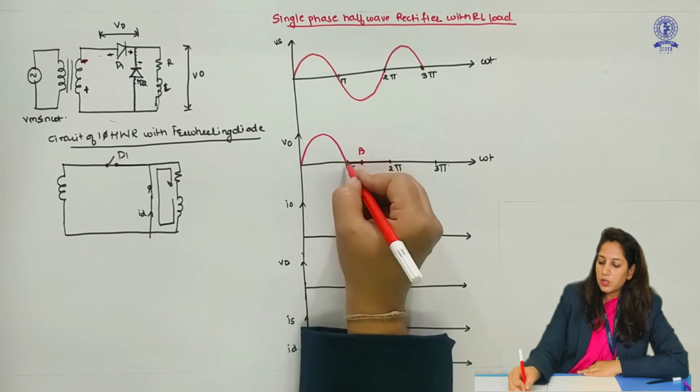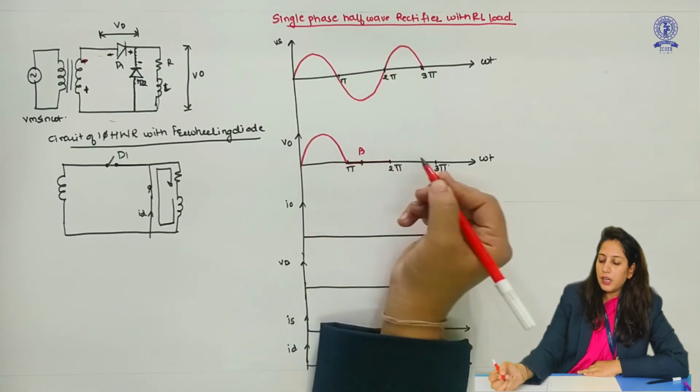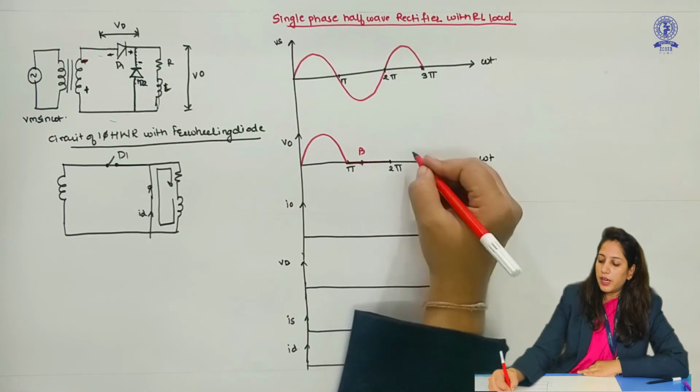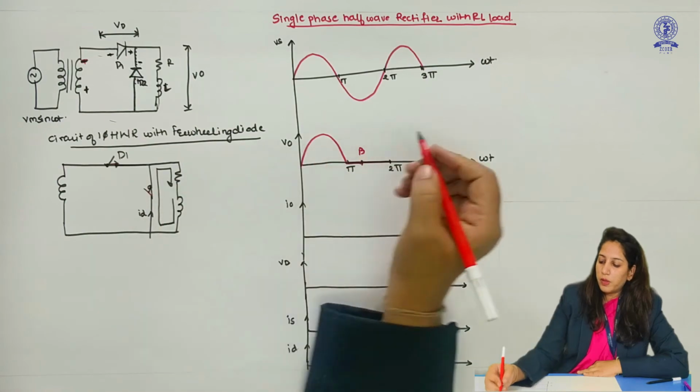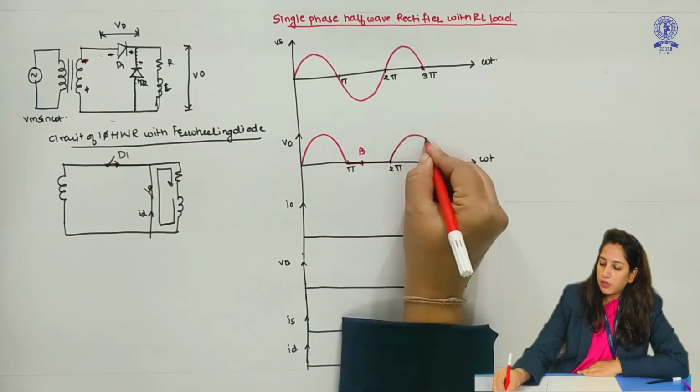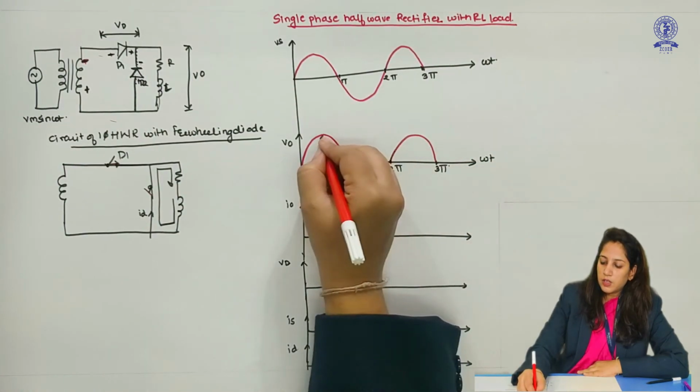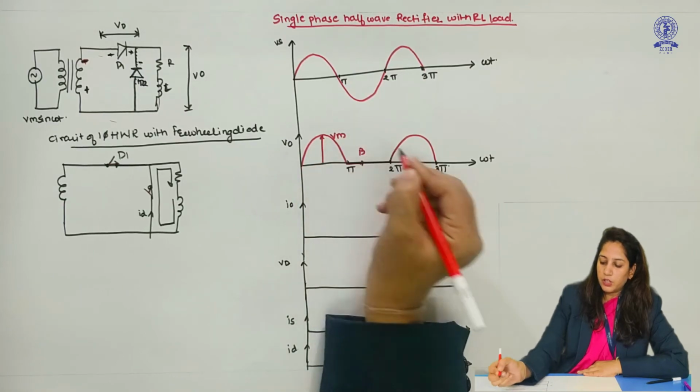For the output side, from 0 to beta angle, I will get 0 output voltage. Again for the positive voltage, D1 will be conducting, this will open, and the output will be Vm voltage.